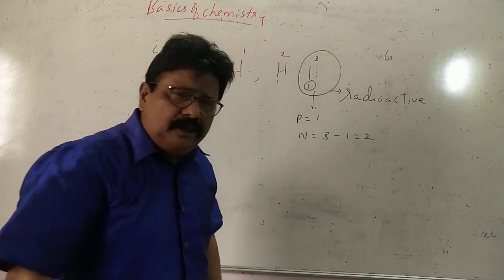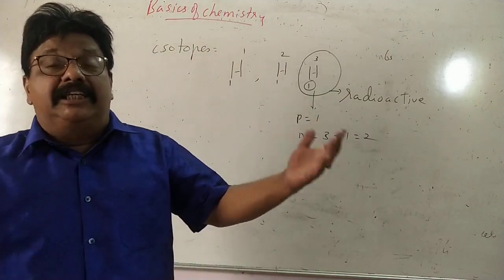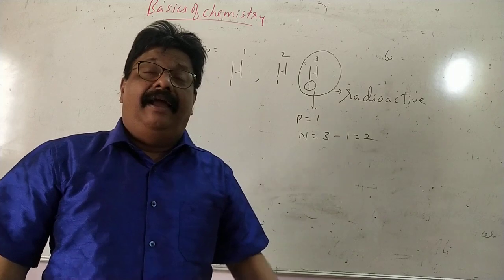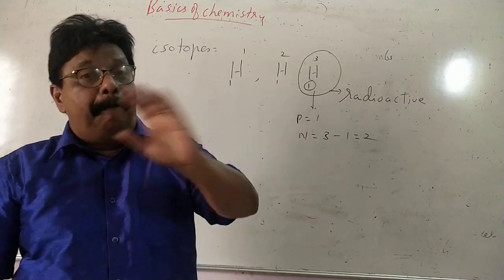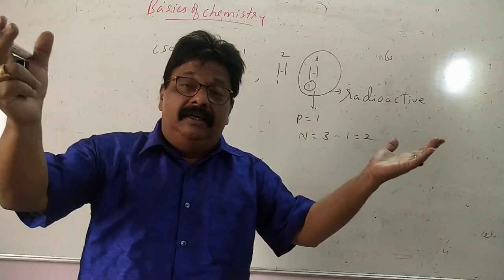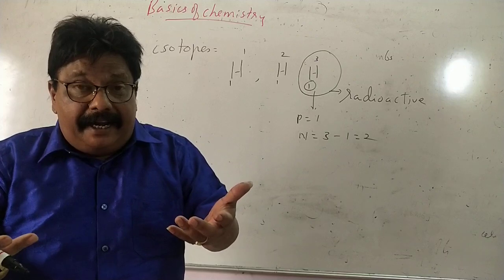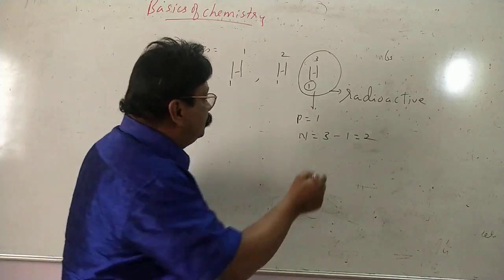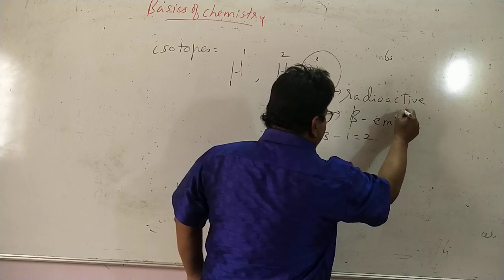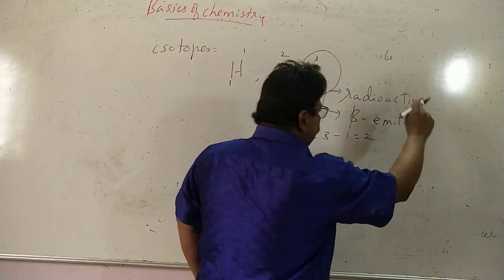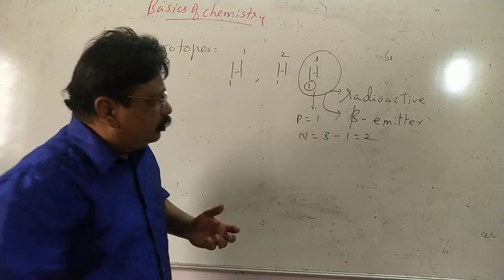You have studied uranium, thorium, polonium. They emit radiation spontaneously, and this is also radioactive. Alpha rays, beta rays, gamma rays, these are the radiations that come out during radioactivity. And this one is a beta emitter, because it emits beta particles. And what are beta particles?